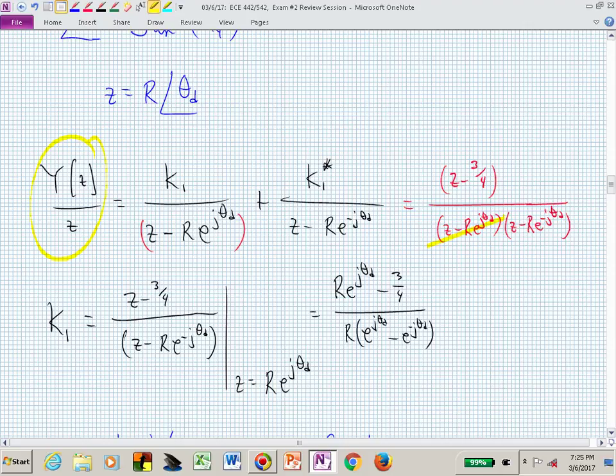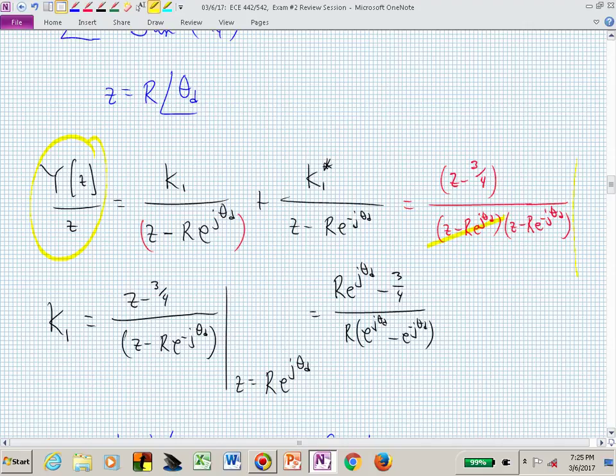And I now evaluate this over here at the value of z that causes that factor that I just canceled to vanish, or when z is equal to r e to the j theta sub d. And that's what I've tried to do in this next line.